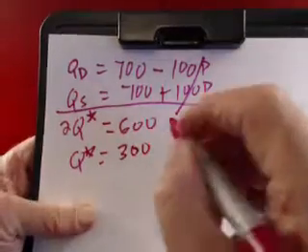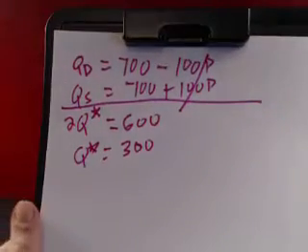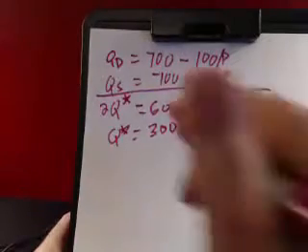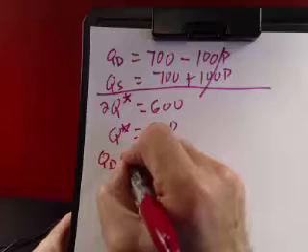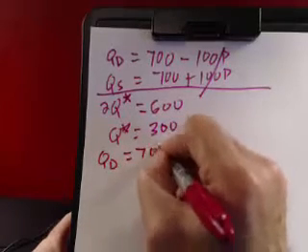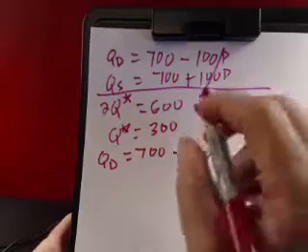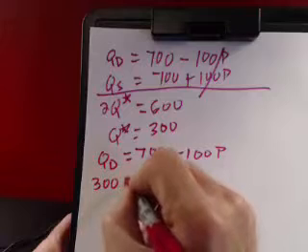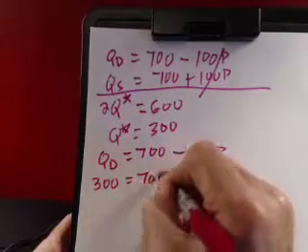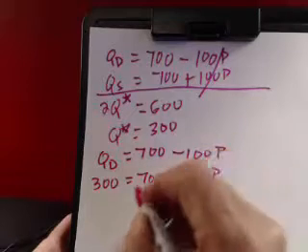All right, so we've solved for Q star. Now, let's go back to our Q sub D demand function, 700 minus 100P, and we're going to substitute 300 in: 300 equals 700 minus 100P.